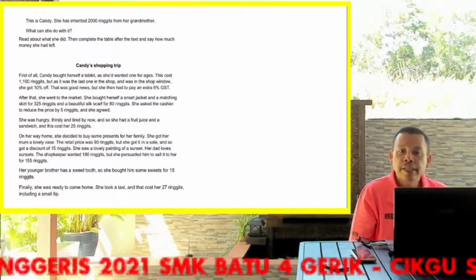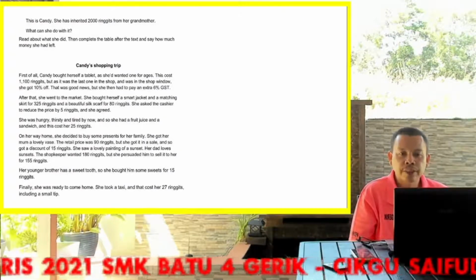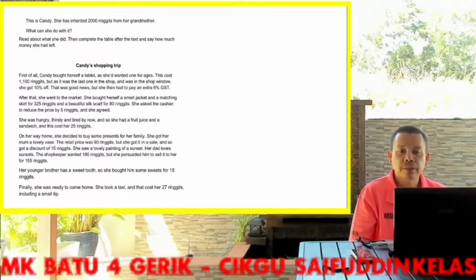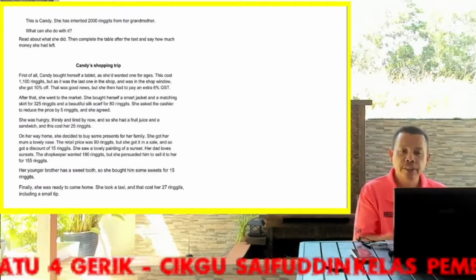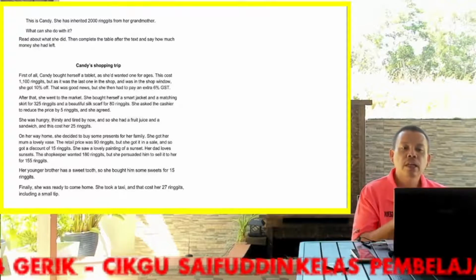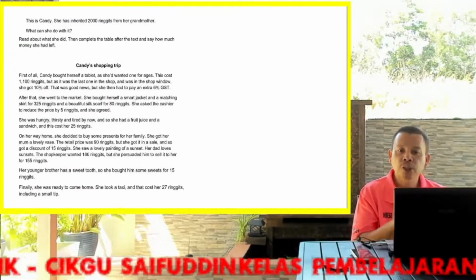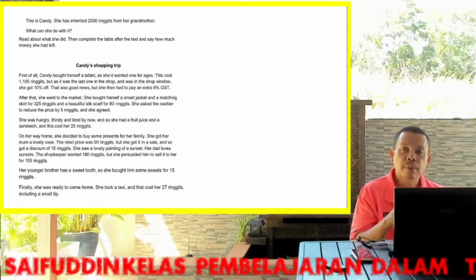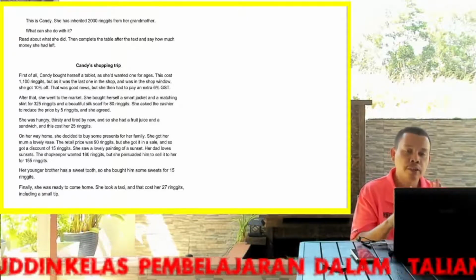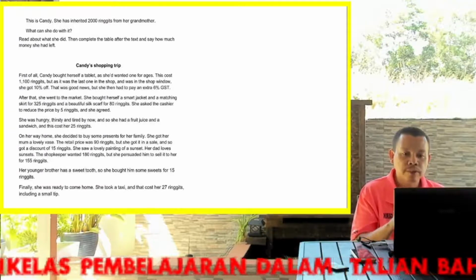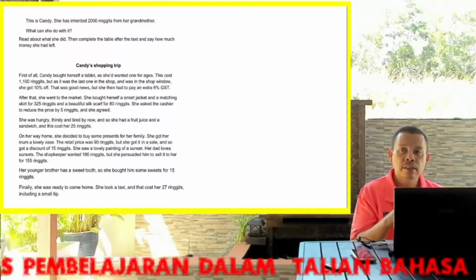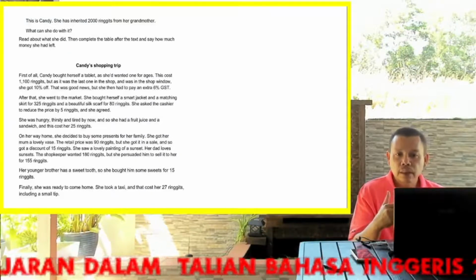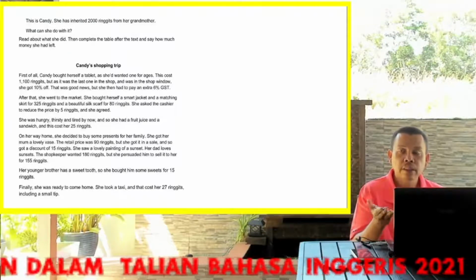She has inherited 2,000 ringgit from her grandmother. So what can she do with it? Read about what she did, then complete the table after the text and say how much money she had left after she spent a few ringgits to buy all the things there. So you just read it and summarize what she did with the money in the table.